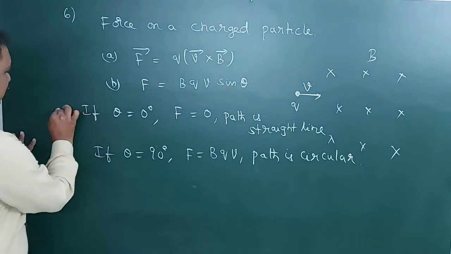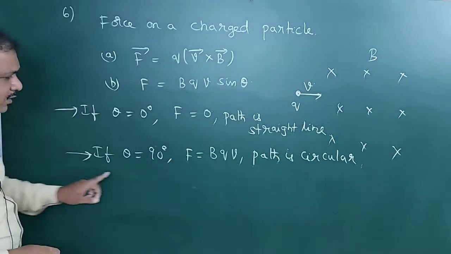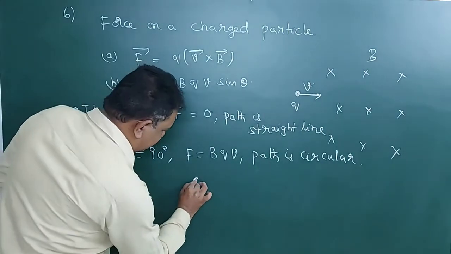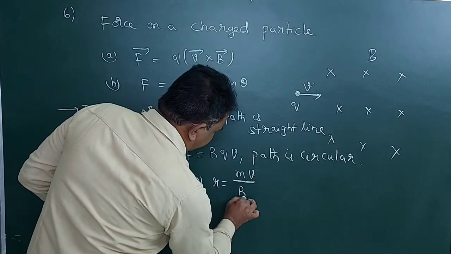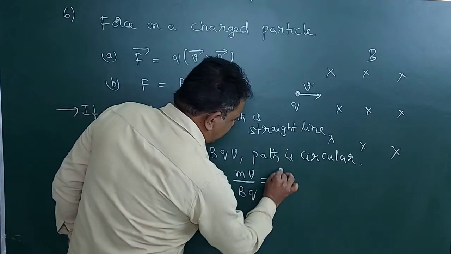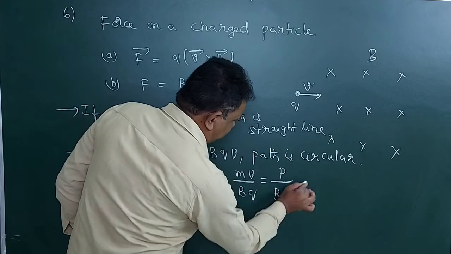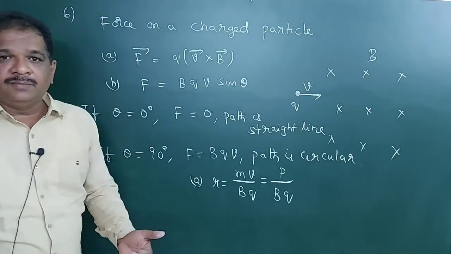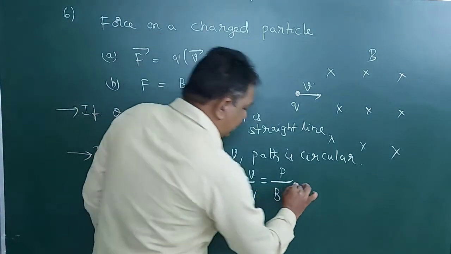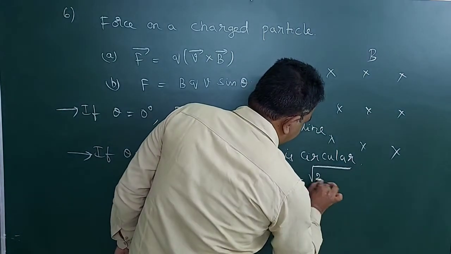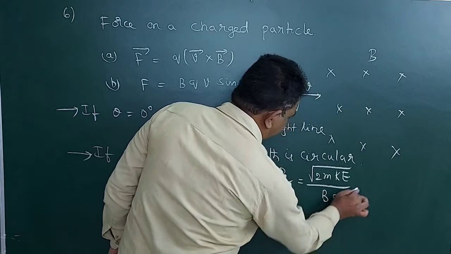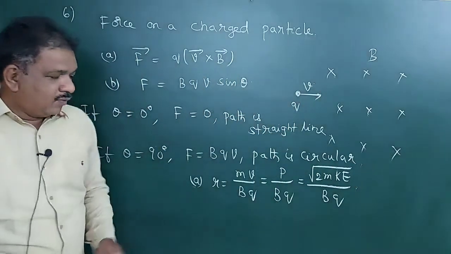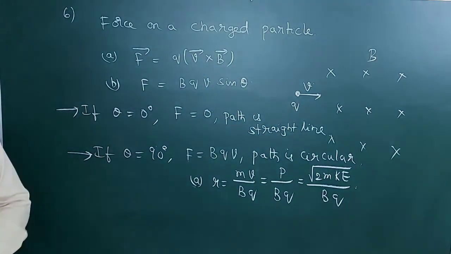And these formulas will be there. See, in this, what is the radius? mv by bq, or we can write mv as p, so p by bq, or writing momentum in terms of kinetic energy, root of 2m KE by bq. Here they will ask the time period.